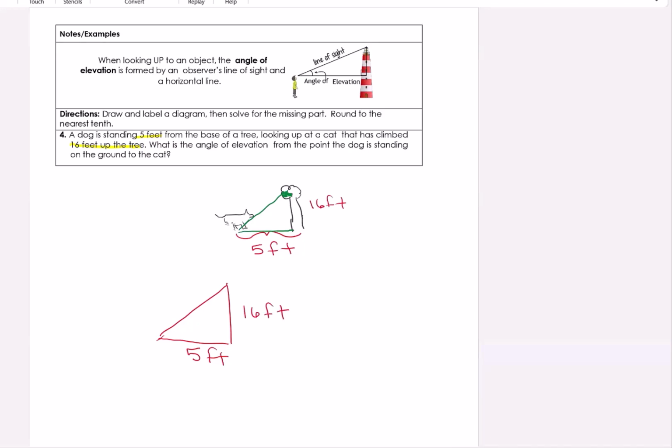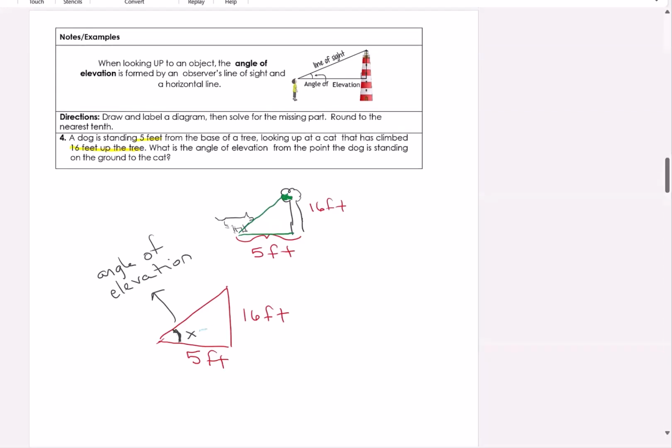We're trying to find the angle of elevation from the point the dog is standing on the ground to the cat. We have our picture. We know this, and I'll just call it X. This is the angle of elevation. Let's start with, what do I know?